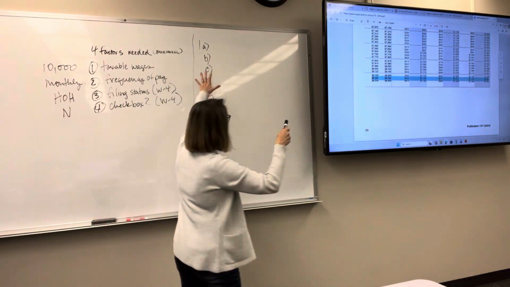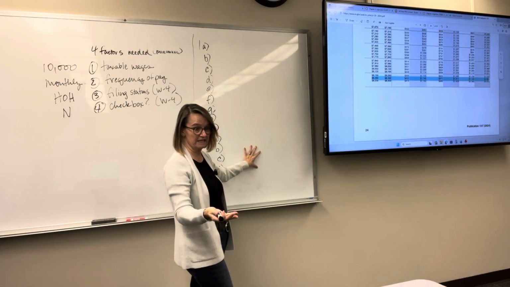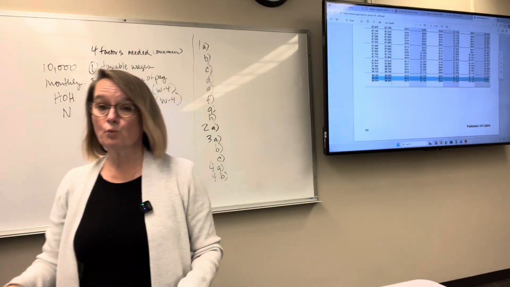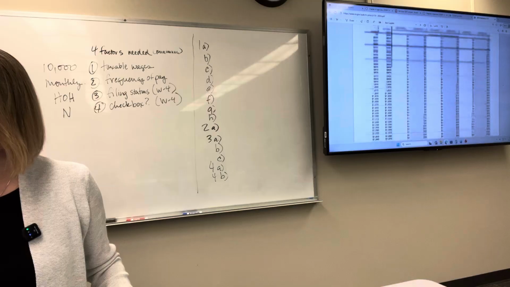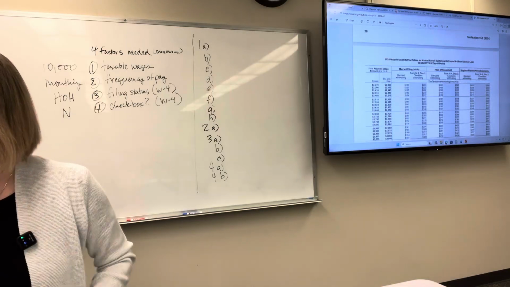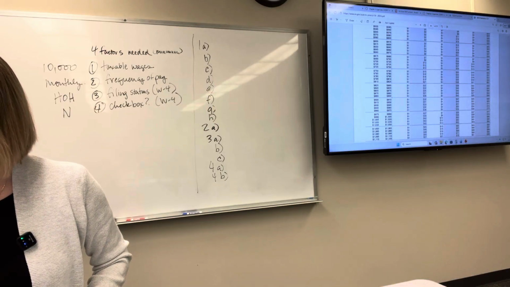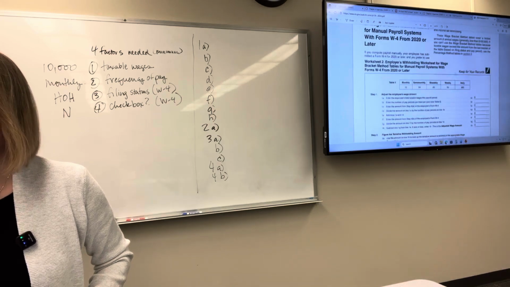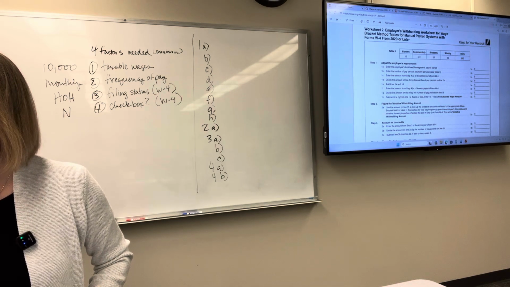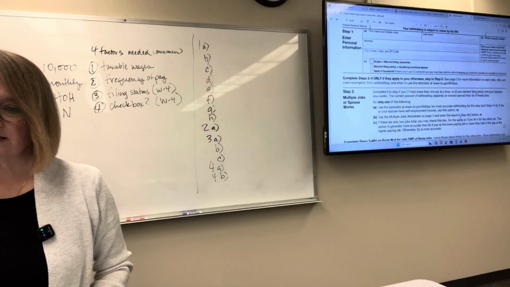I said that there are some steps that we have to take in order to get there. We're going to use a worksheet to get to those steps. And that worksheet is going to involve using the W-4 as well. So this is where you need that W-4 kind of handy. So let's fill out a W-4.